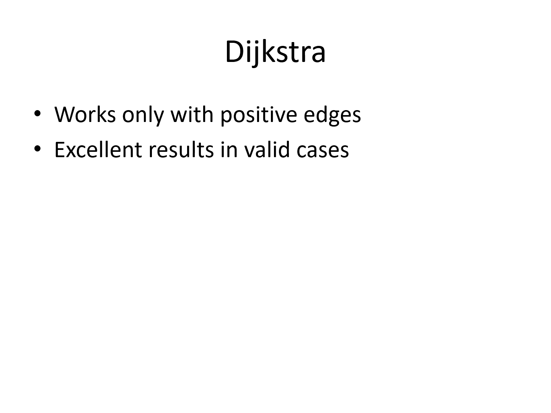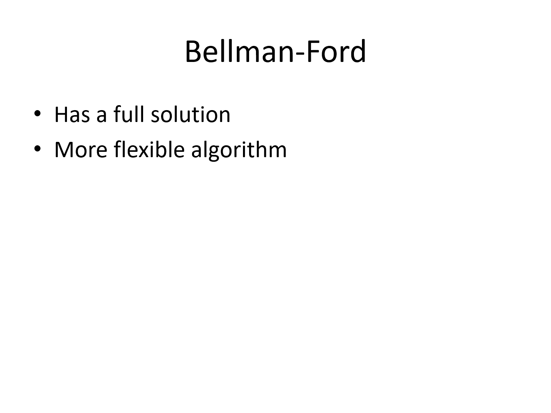So, more of an overview again. Even though Dijkstra only works with positive edges, its results are very efficient and very good whenever there are valid cases within its algorithm. Bellman-Ford does always have a full solution regardless of the situation. It's more flexible because, as I mentioned, it can use negative weights.